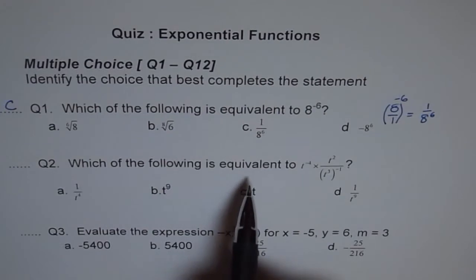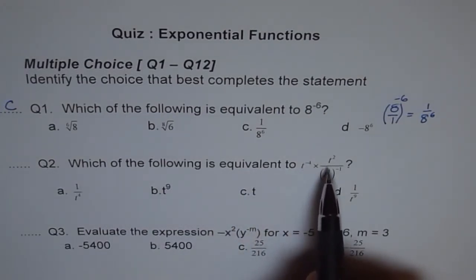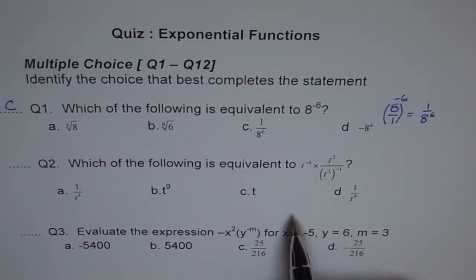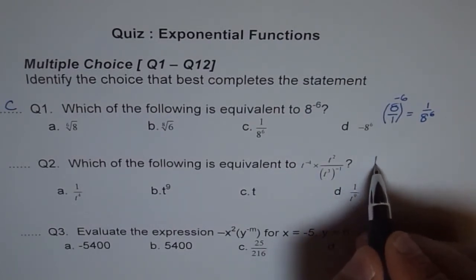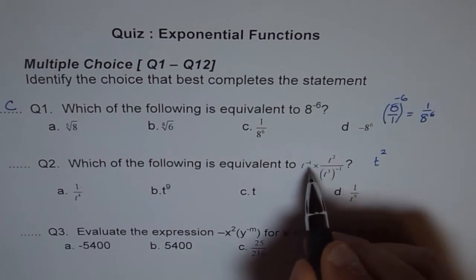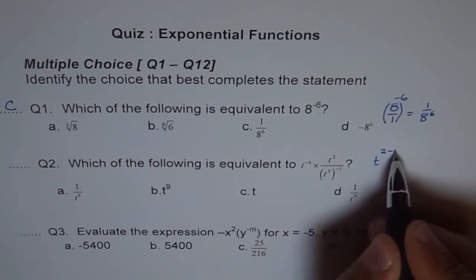Which of the following is equivalent to 10 to the power of minus 4 times t to the power of minus 4 times t squared over t to the power of 3 and then minus 1. So what we can do here is write this as t squared and then minus 1. We just add the powers. So minus 4.